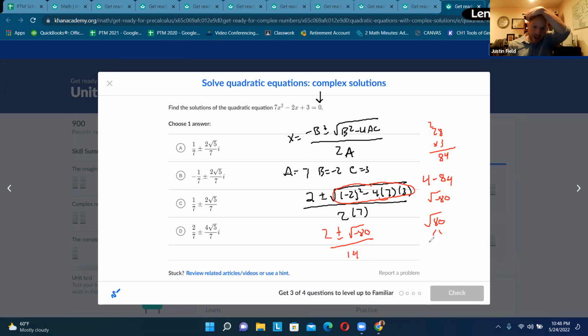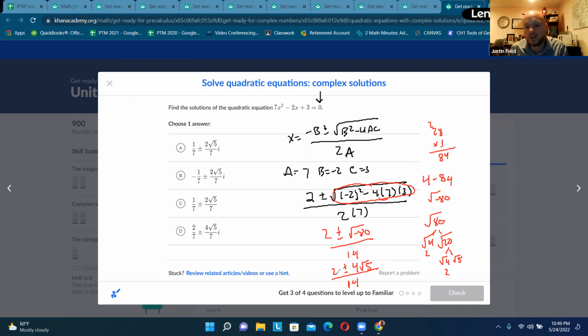So what is 80? 80 is 4 times 20. So the square root of 80 is the square root of 4 times the square root of 20. But then 20 is 4 times 5, and both of these square roots are 2. So 2 times 2 times root 5, in other words, 4 root 5, plus or minus, 2 over 14.